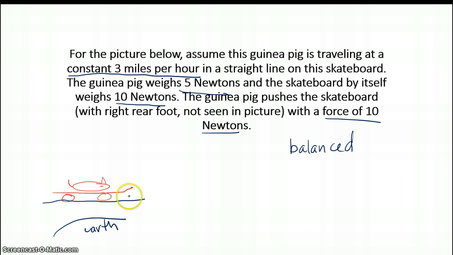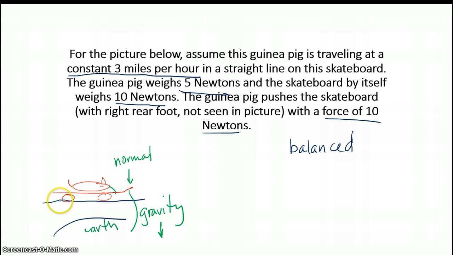So the first interaction I know always is that the skateboard is feeling the force of gravity due to the earth, and that's going to be a downward pull. So my next question is, well, what is touching my skateboard? So definitely the guinea pig is touching my skateboard. What is the guinea pig doing to the skateboard? It's pushing down on it, and that push force, remember, is a normal force.